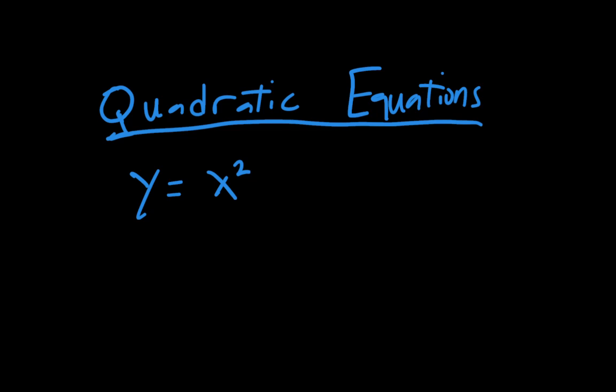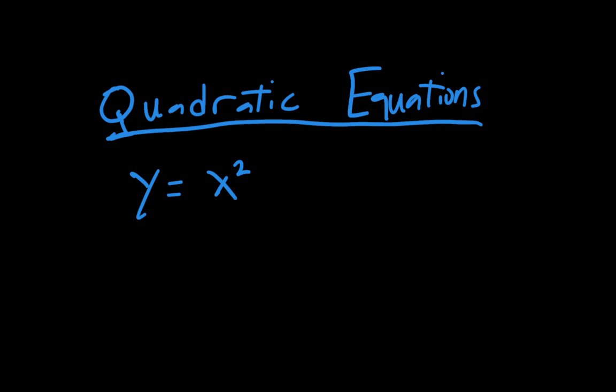Quadratic equations are going to be of the form similar to y is equal to x squared. This typically grows faster than linear functions, except from, say, 0 to 1 or negative 1 to 0.